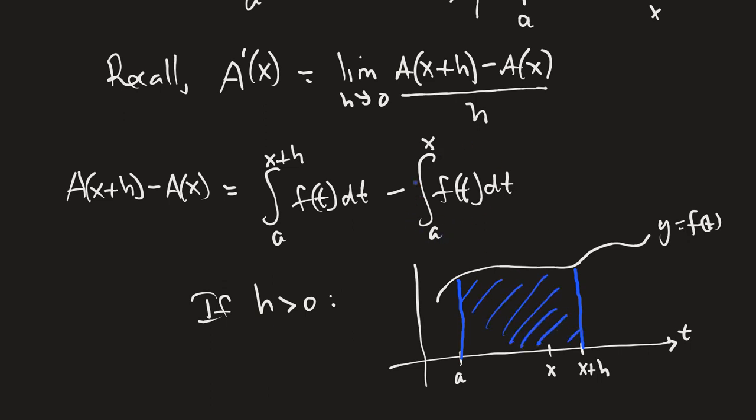And then the second integral gives the area, again, under the curve, but now going from a up to x. So it's right here. So if we take the difference between these two, if we take the blue area and subtract the red area, I'm going to be left with the green area.